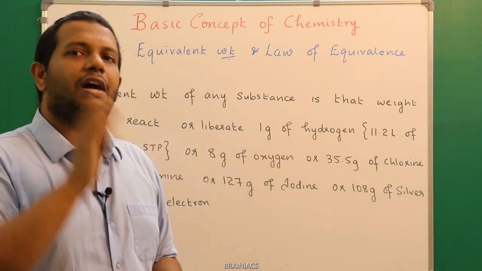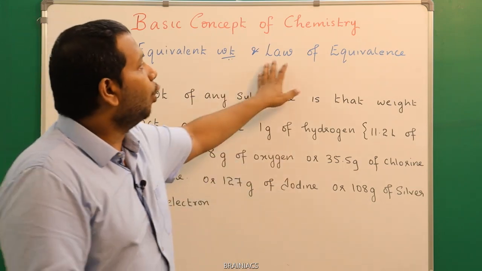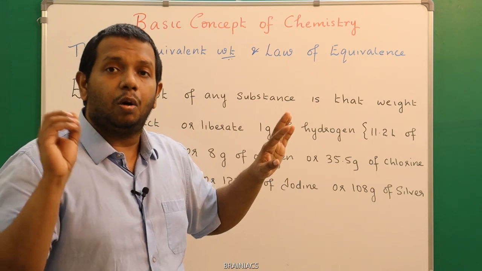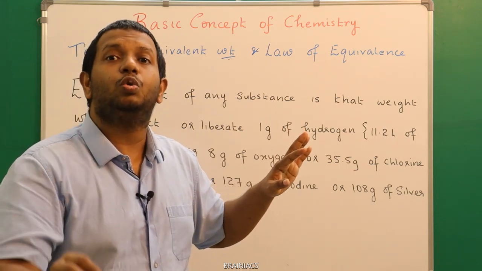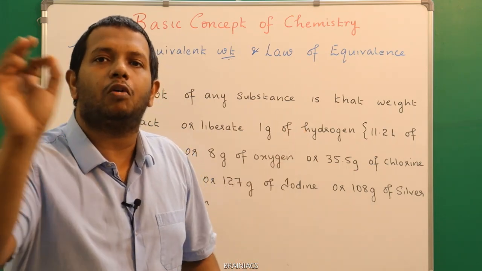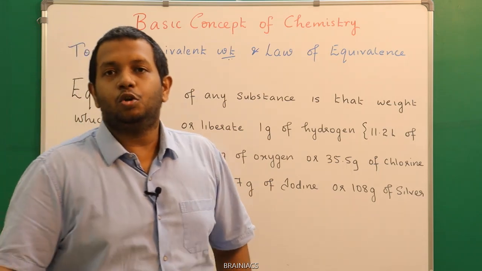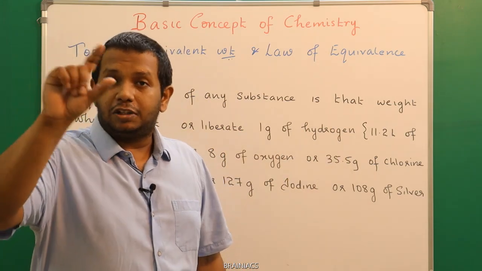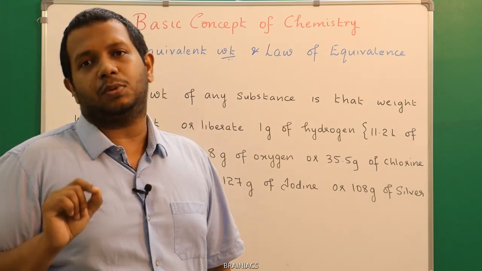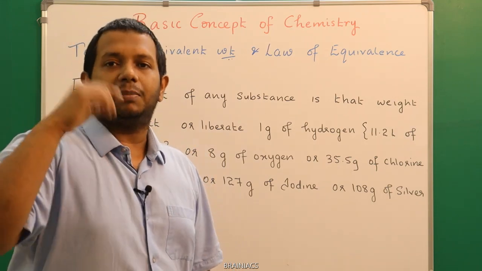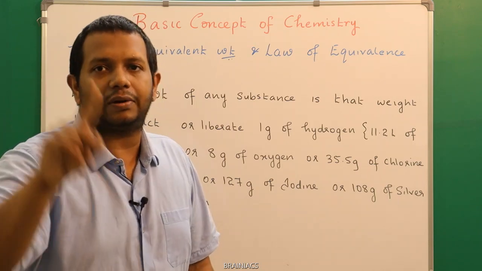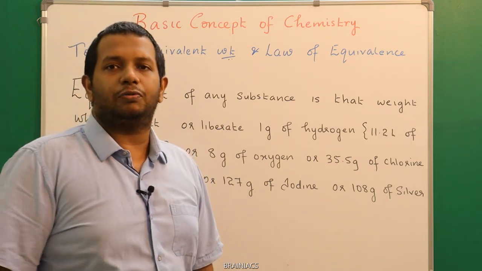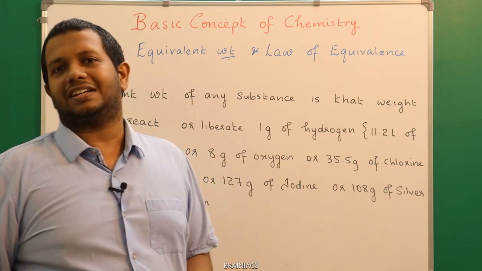The reason for that, I will come to that concept. In the law of equivalence, we are not using the concept of number of moles. You might have noticed that in the stoichiometric method, after balancing the chemical equation, I might have told you 2 moles of hydrogen react with 1 mole of oxygen to give 2 moles of water, correct?